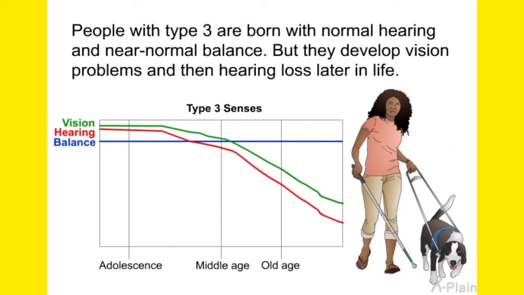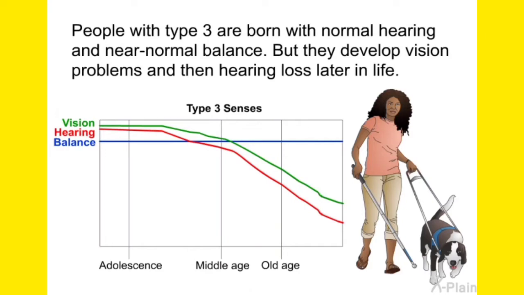Now, what happens with type 3? In type 3, people are born with normal hearing and normal balance. So, it is the least severe kind. The person has normal hearing and normal balance, and later in life develops vision problems and then hearing loss.